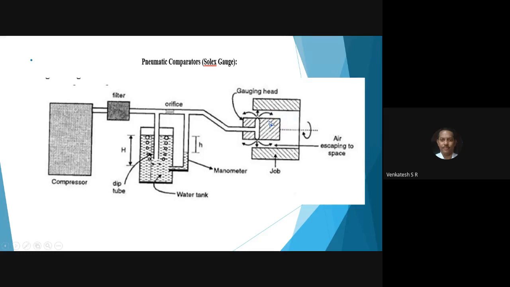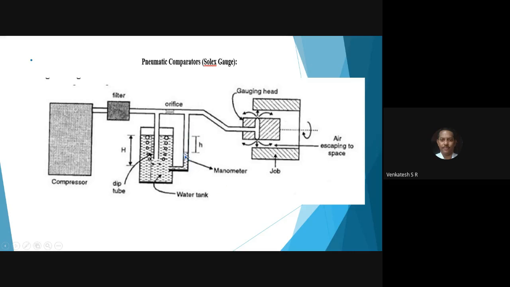That is the back pressure coming from the air that passes inside the measuring head, passes through the flexible tube and comes to the manometer, where the manometer contains the mercury which rises and lowers.